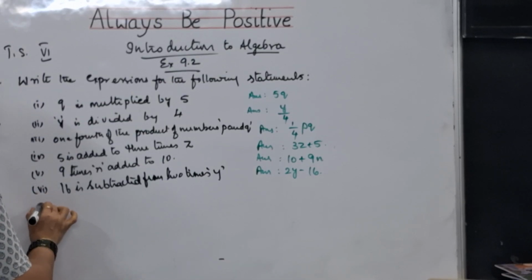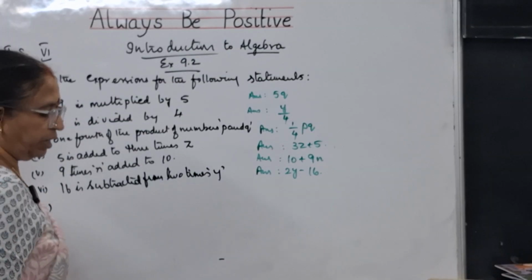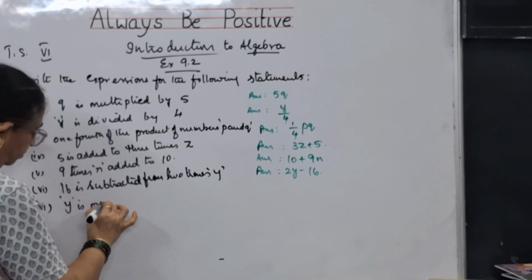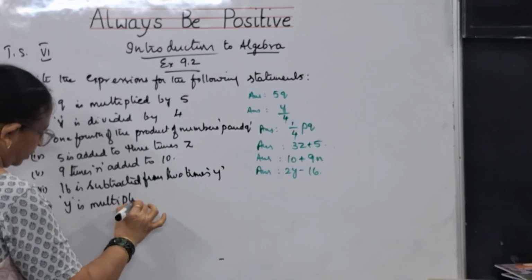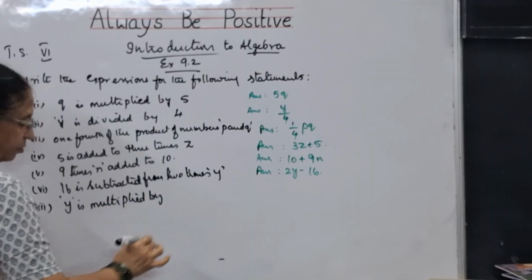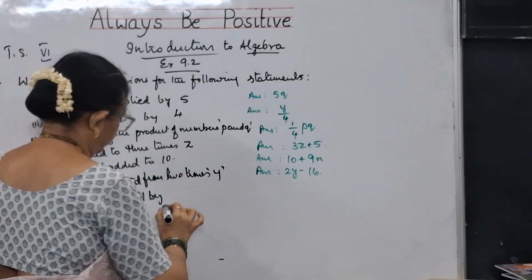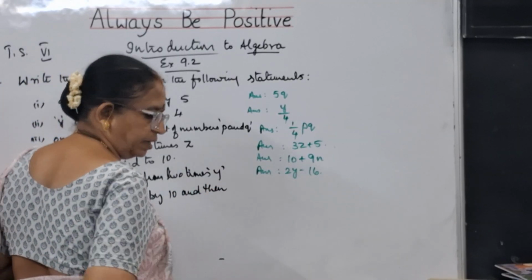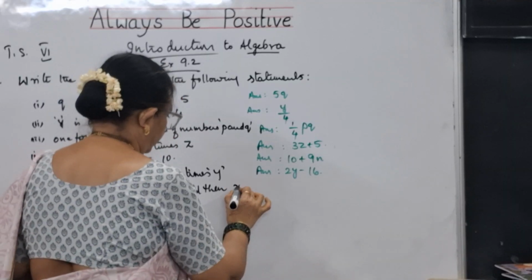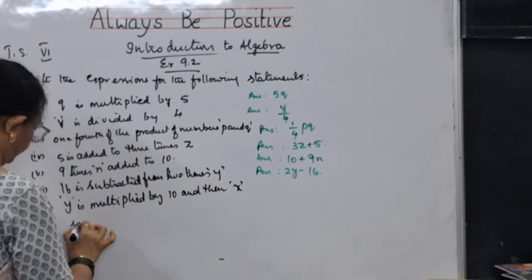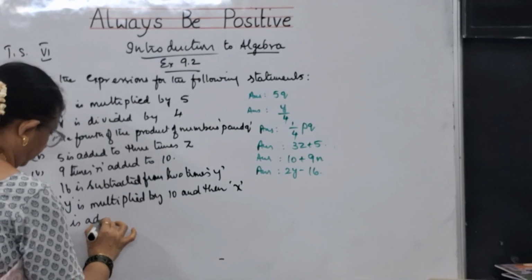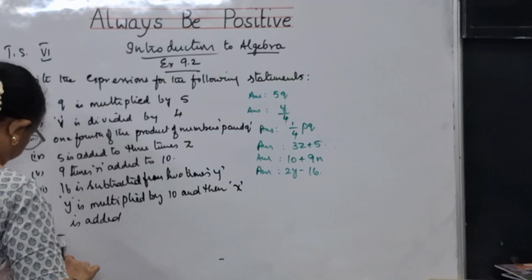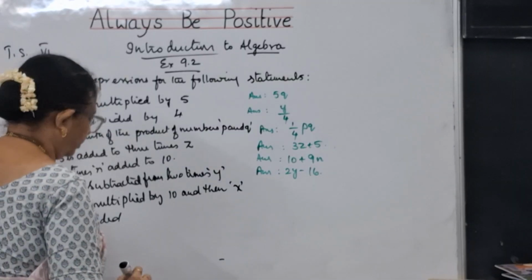Next, seventh one. Y is multiplied by 10, and then x is added to the product.